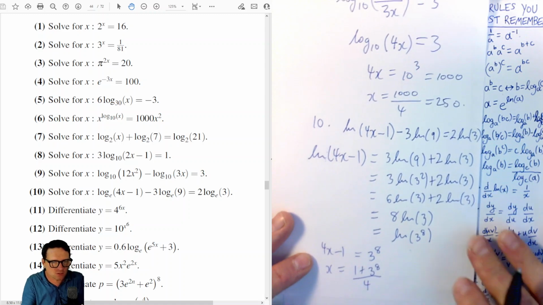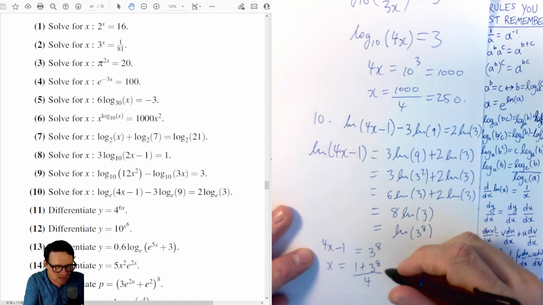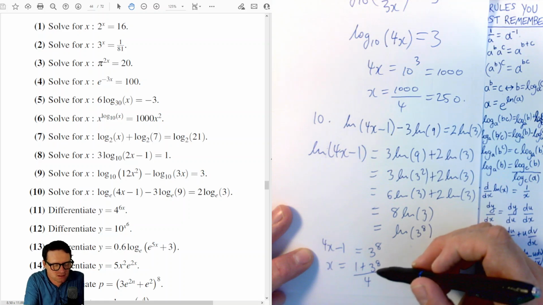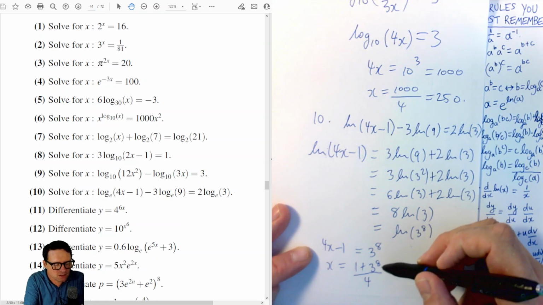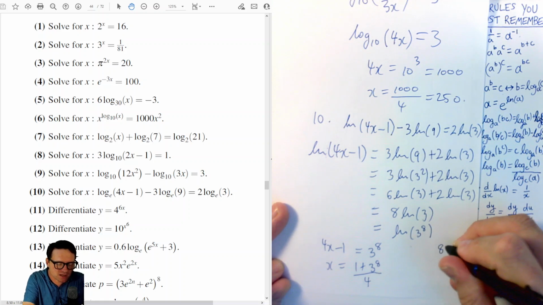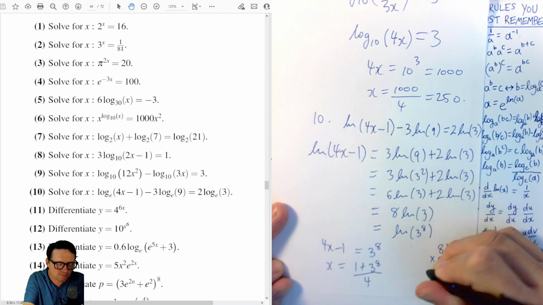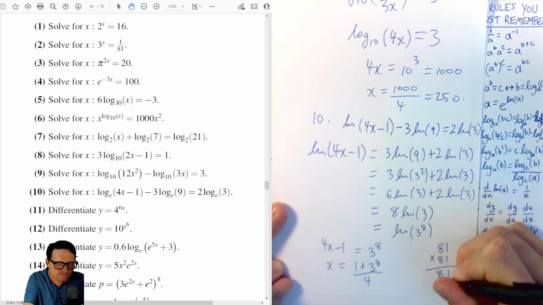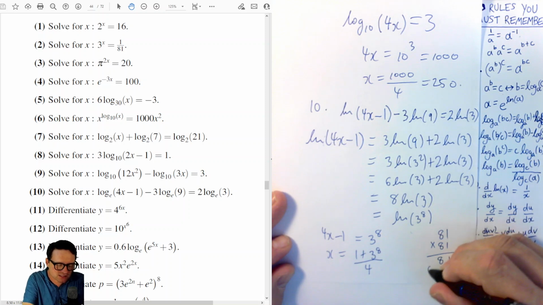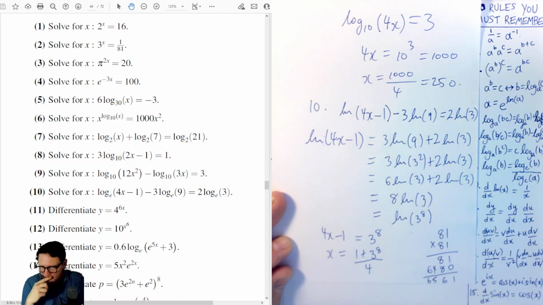Okay, so if I do a little bit of mathematics in my head here, now 3 to the 8th is 9 to the 4th, or 81 squared. And so let's just multiply this out. 81 times 81, 8, and then 8 times 8, 64. So we have 6561 for 81 squared.